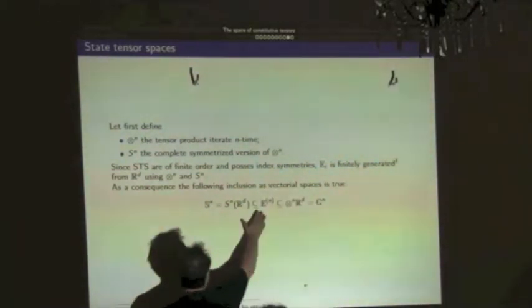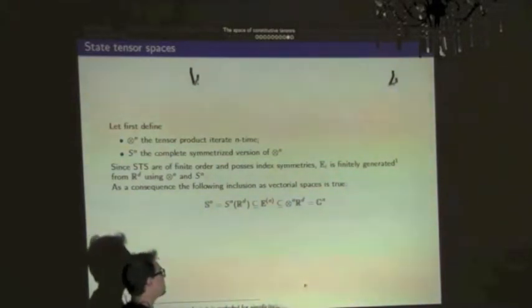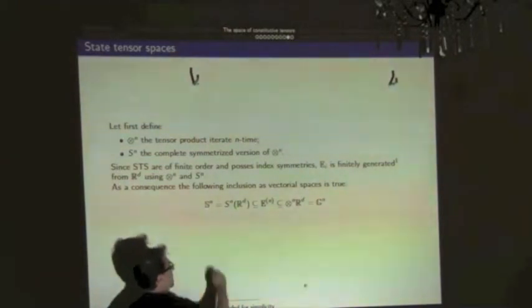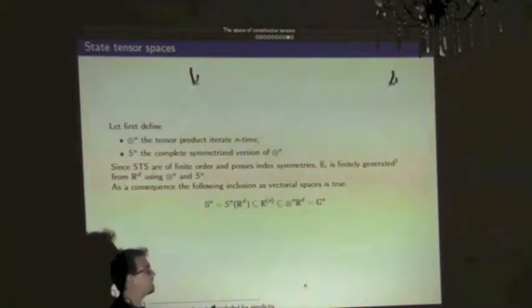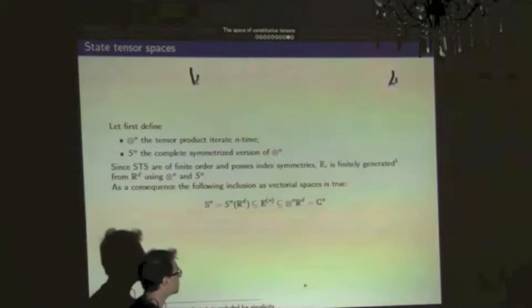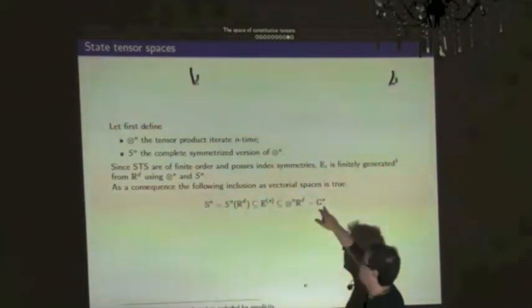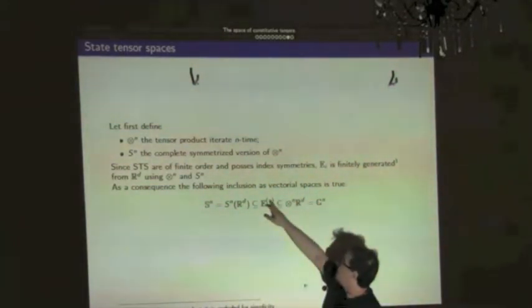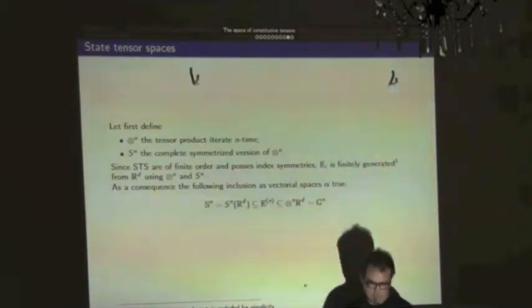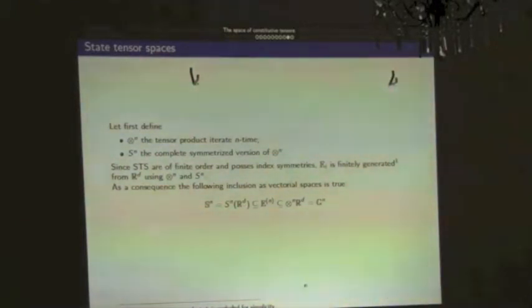My tensor space, its structure is contained between a space of completely symmetric tensors, defined here, Sn, the space of tensors that are symmetric with respect to the permutation of any one of its indices. And at the other end, my tensor space is contained in the vector space of tensors having no index symmetries at all.